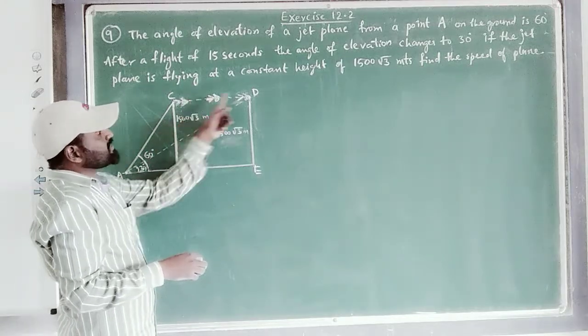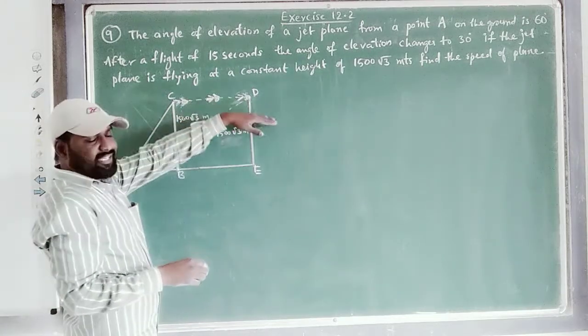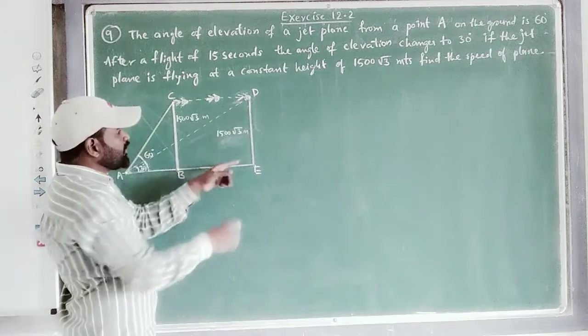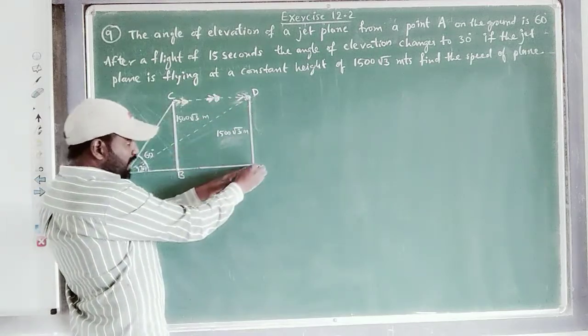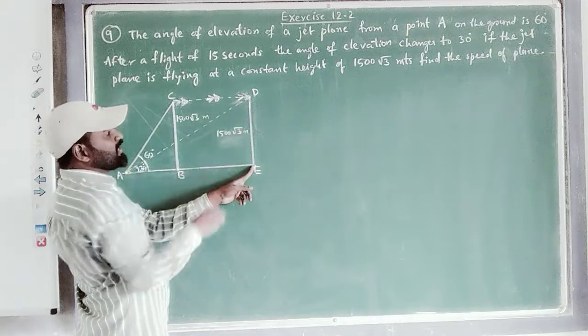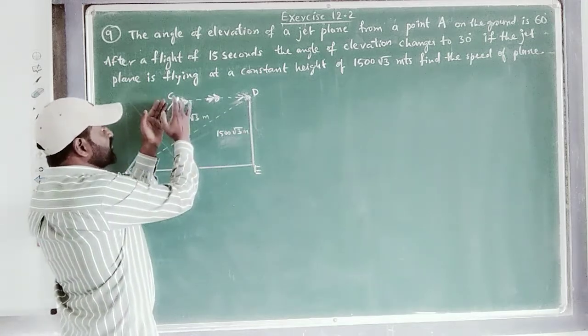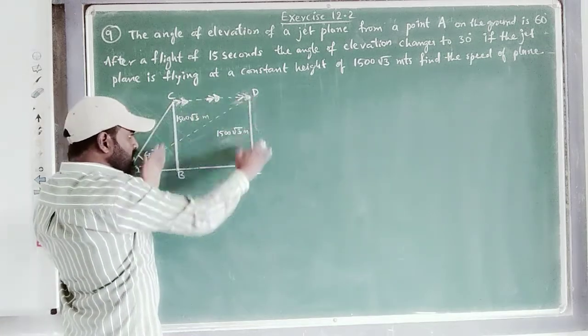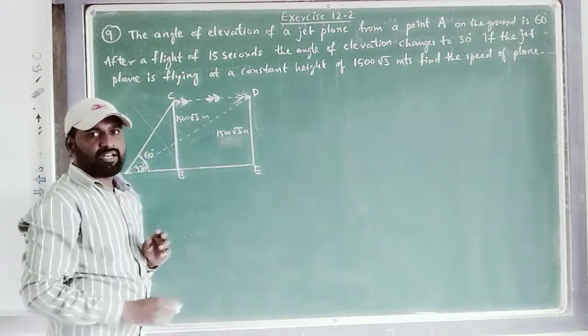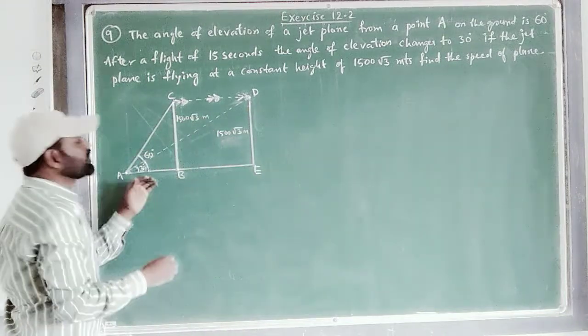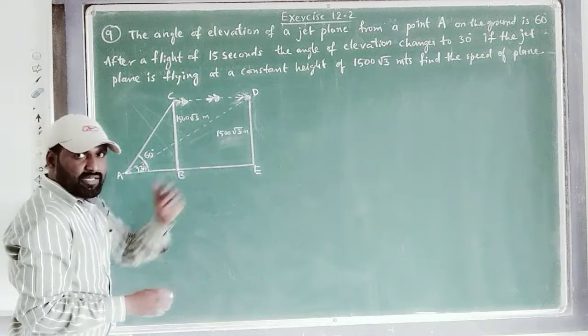After 15 seconds, it reached up to D. Even though the height is maintained constantly, that means here also the height is 1503 meters. So let us utilize this figure to find out the speed.